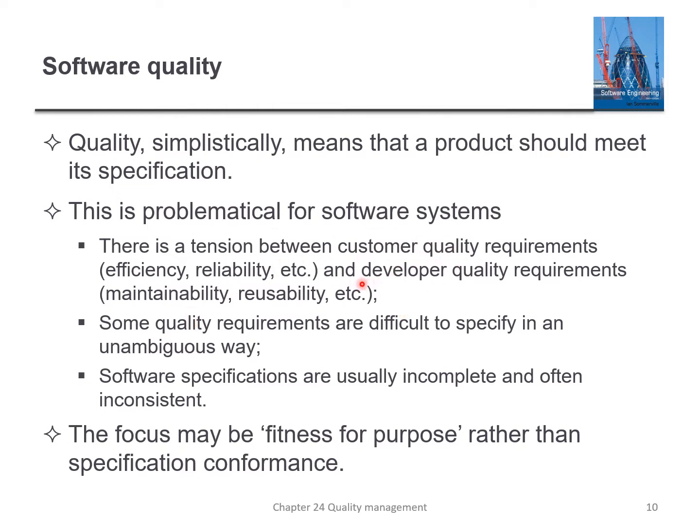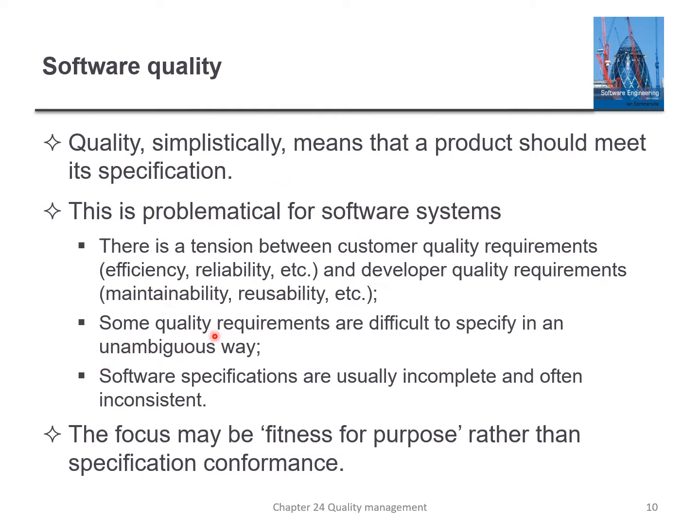Because the focus from the perspective of the customer and the developer are different, you need to be clear of what quality you would like to achieve, right? And of course, you have experienced this in writing requirements, sometimes it is ambiguous. Sometimes the way that you write it is more from the perspective of the developer rather than the customer.